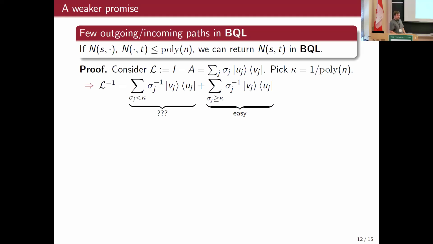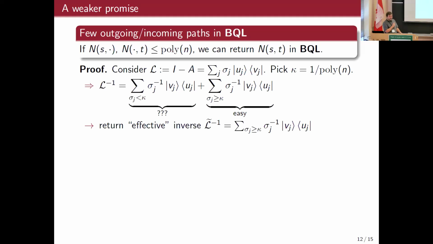And then we look at the inverse of L, and we split it up into some ill-conditioned component and some well-conditioned component. And it is relatively straightforward to show that Tashma's algorithm for poly-conditioned matrix inversion actually extends to the case that it can also get as input arbitrary matrices and then only invert the well-conditioned part.